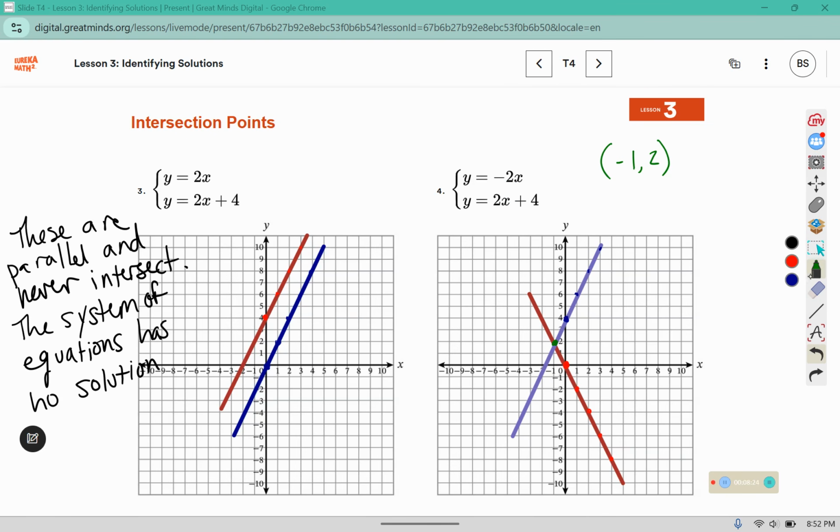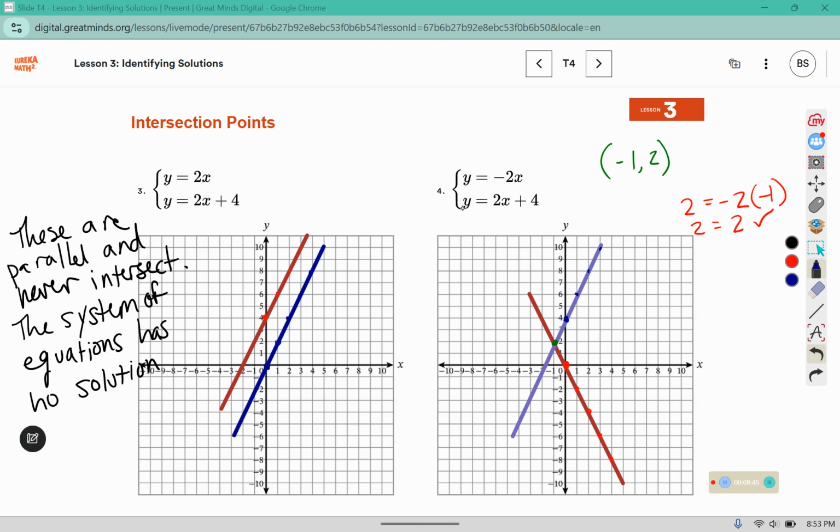We need to verify that it is a solution to both. So in the y coordinate, we need to put a 2. And in the x place, we need to put a negative 1. Negative 2 times negative 1 is positive 2, so we know it's a solution, since 2 equals 2.